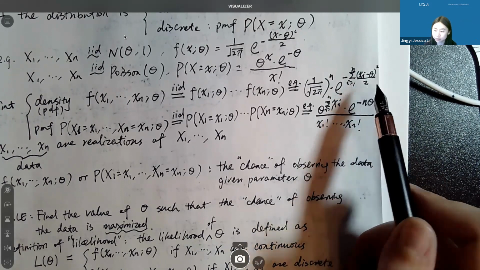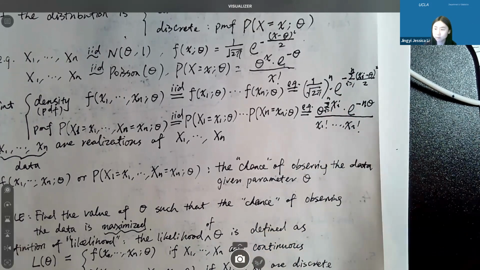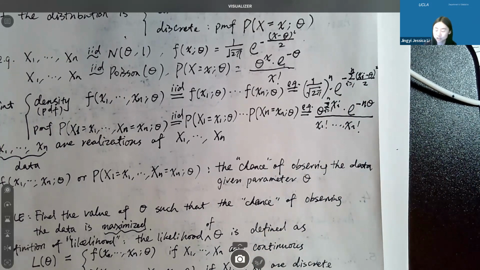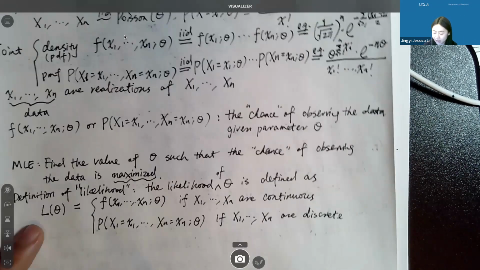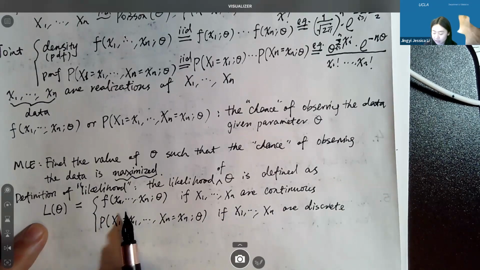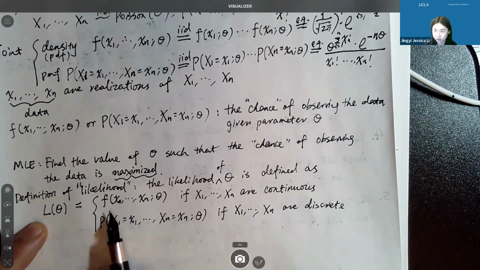So it's two different perspectives of the same math expression. We can either interpret it as a function of n arguments, x1 to xn, or alternatively, we can regard it as a function of one argument, theta. Likelihood takes the second perspective, while the joint density function takes the first perspective.